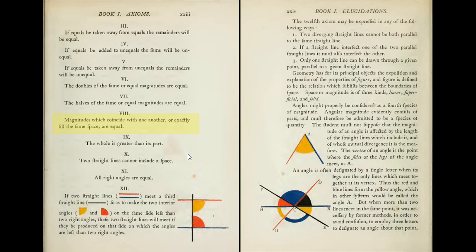Okay, magnitudes. Alright, but that's not shapes. That's not the same as saying a triangle. One triangle is not equal to another triangle if their areas are the same. They just have the same magnitude area.